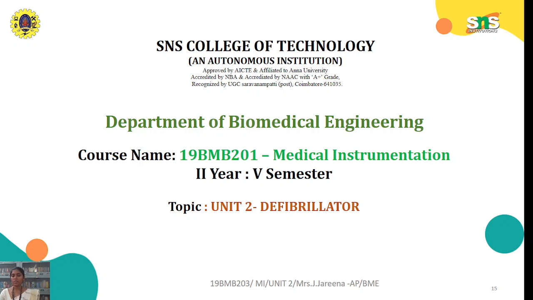Here the students have formed a team of 4 to 5 members and conducted a group discussion on defibrillator, just a chit-chat about what a defibrillator is, how it can be used, where it can be used, how it works, what the principle is, where it is applicable, what the different types of defibrillators are, and what the pros and cons of the different types are. They had this group discussion to brush up on the topic.